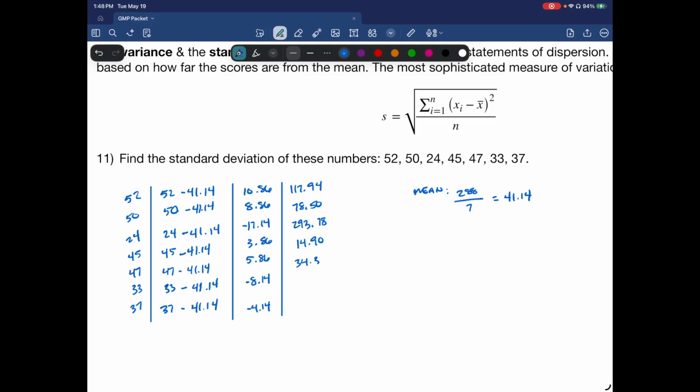The next one, 66.26. And then negative 4.14 squared is 17.14. Then we add up this last column and get 622.86.